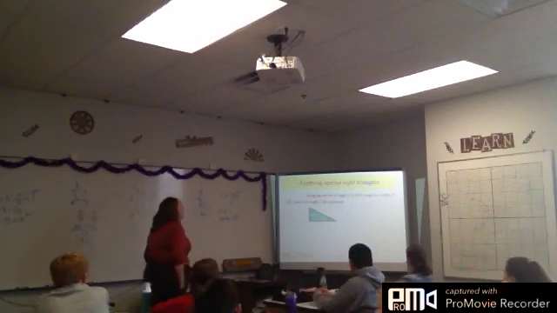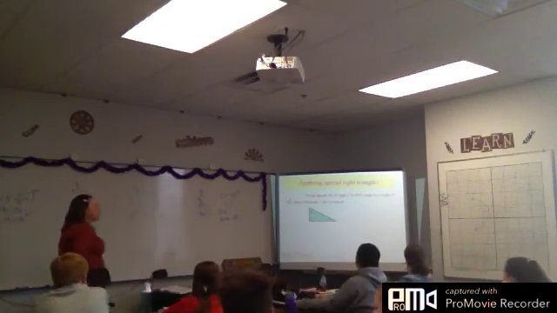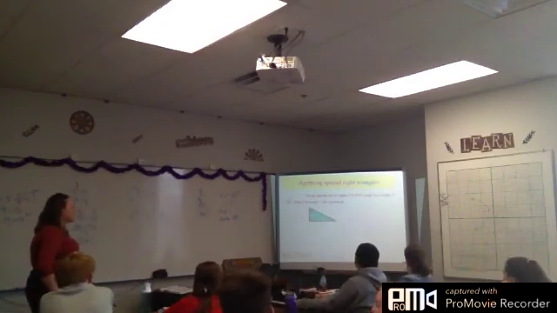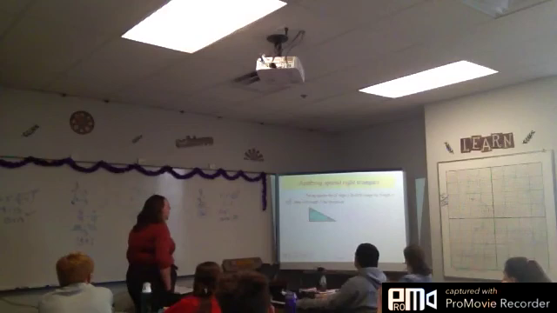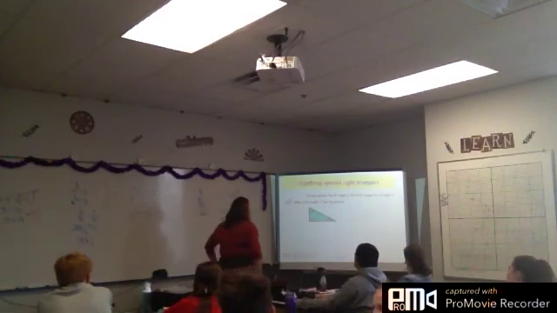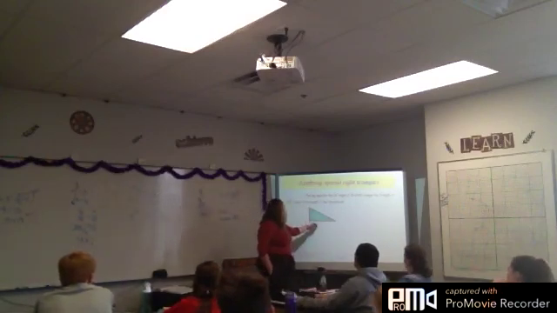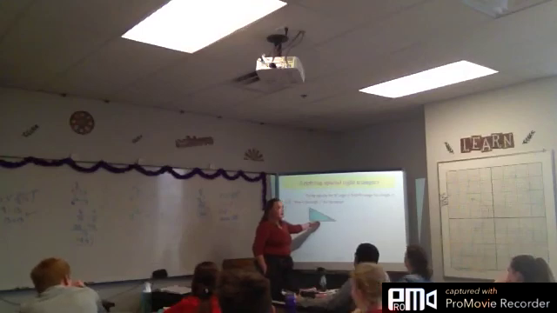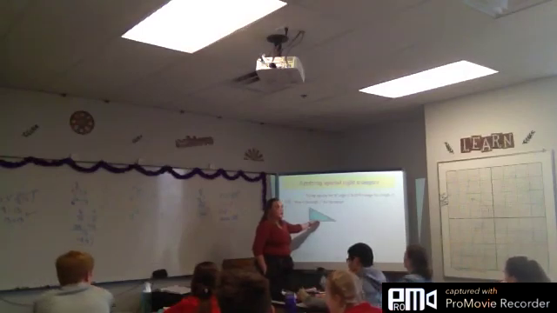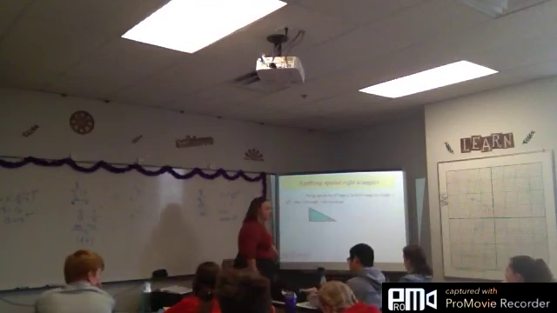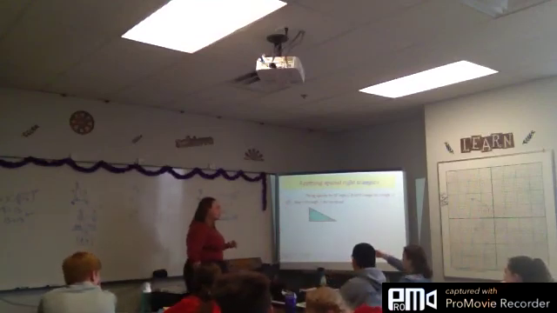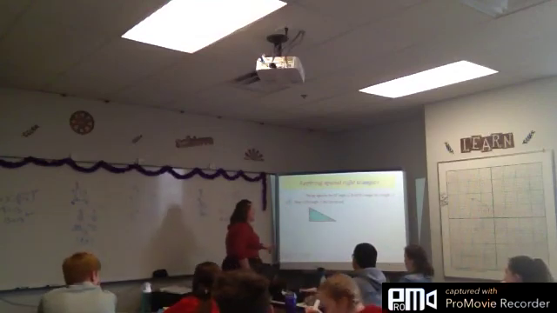The leg opposite of the 60-degree angle of a 30-60-90 triangle has the length of 11 radical 3. What's the length of the hypotenuse? So the length opposite of the 60-degree angle is 11 radical 3. I meant 11 radical 3, so the hypotenuse is 22.